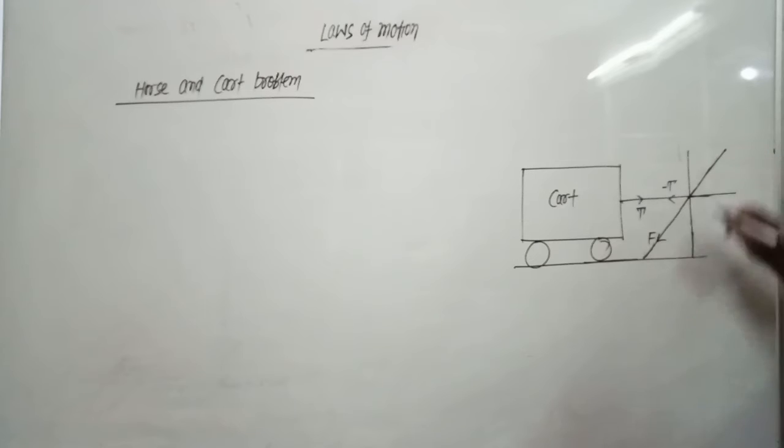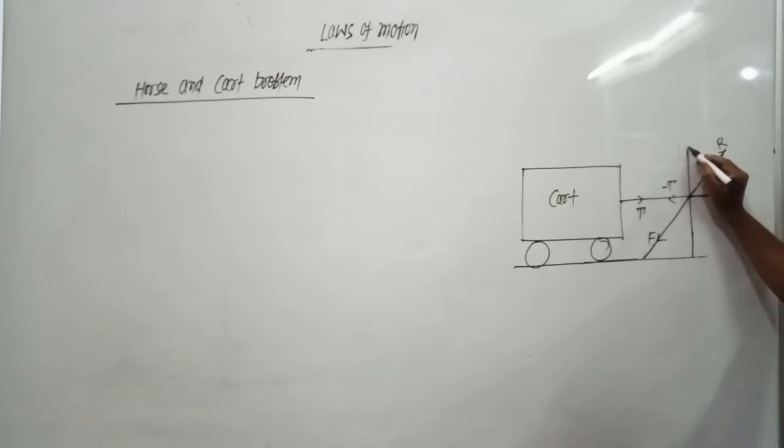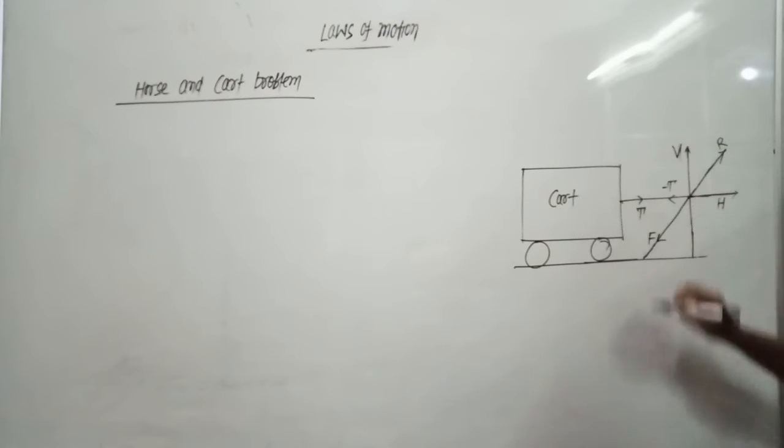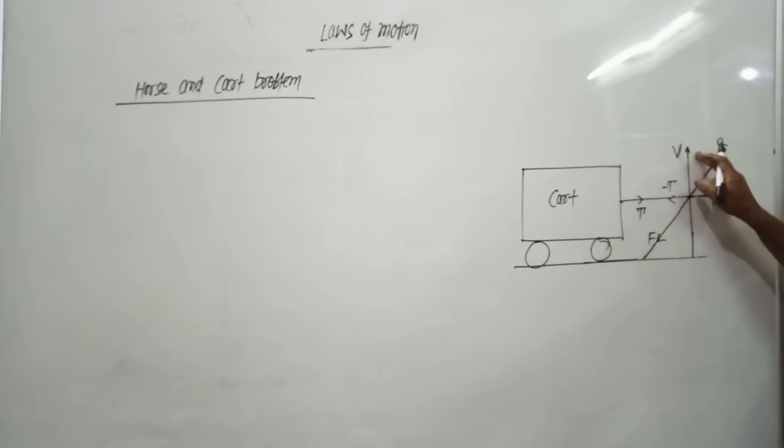This is called the reaction force, R. Since this reaction force R is inclined to the horizontal, there must be two components of R, a horizontal component and a vertical component.